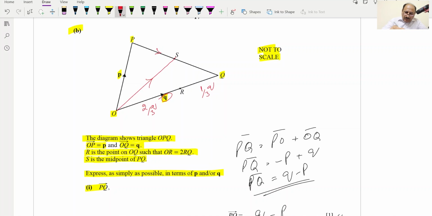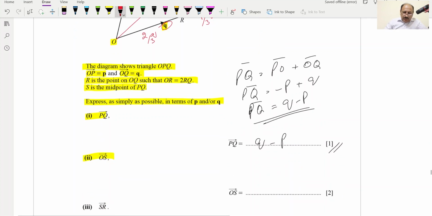PS will be half of this. Total PQ is Q minus P, so PS will be Q minus P by 2, from this point to this point.